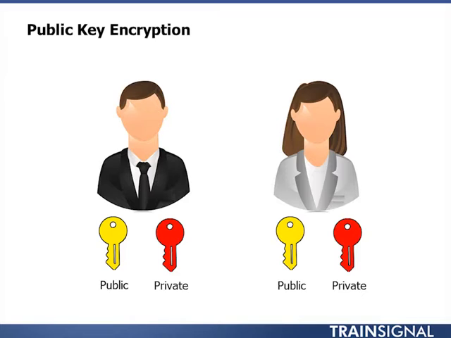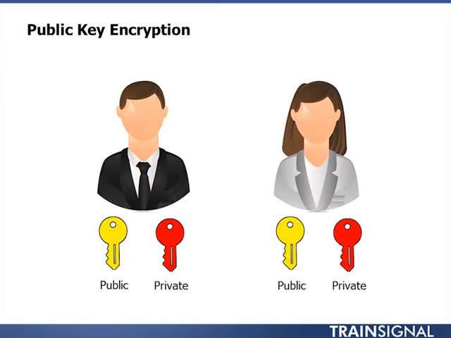So if we said we had a network, we have our GlobalMantics network. Every user on the GlobalMantics network has a pair of keys assigned to them if we are using public key encryption. Okay, so every single user has 2 keys assigned to them. One of those 2 keys is known as the private key and is only accessible to that individual user.